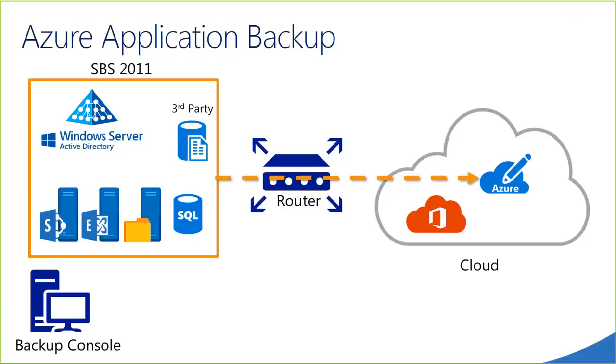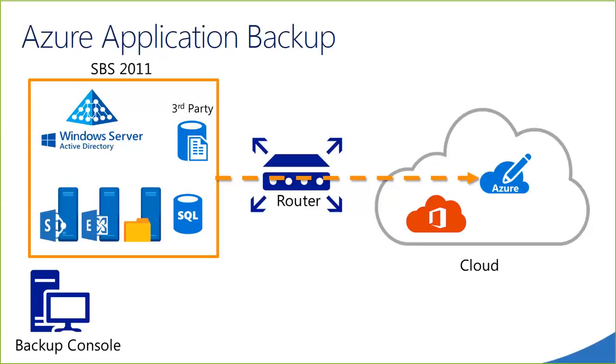The way that it generally works is that it uses the Microsoft DPM software, Data Protection Manager, and that then is able to target resources across the network, running applications like SQL and Active Directory, and send them to an Azure backup location.